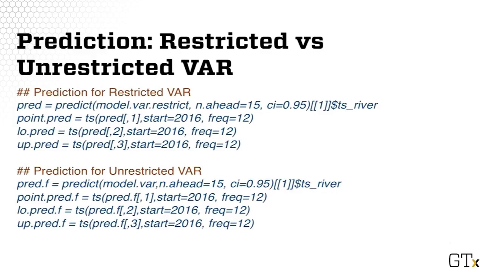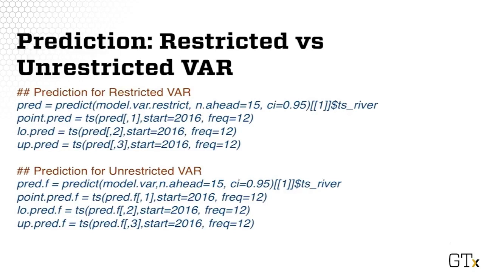Let's compare the predictions based on the VAR and restricted VAR models versus the observed time series for 2016 and the first 3 months of 2017, hence predicting 15 lags ahead. This time, I'm using the predict R command instead of the forecast R command to show you a different implementation of the prediction. First, we consider the predictions only for the river flow, hence the $ sign followed by the name of the time series.